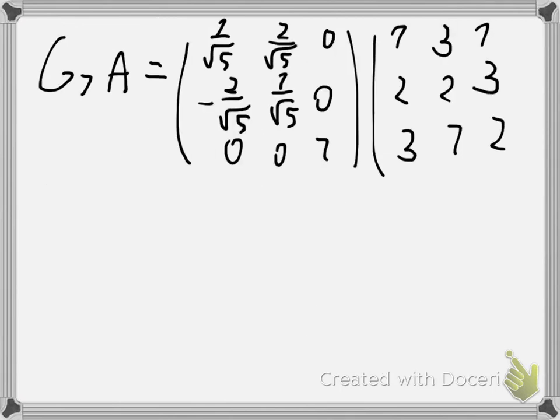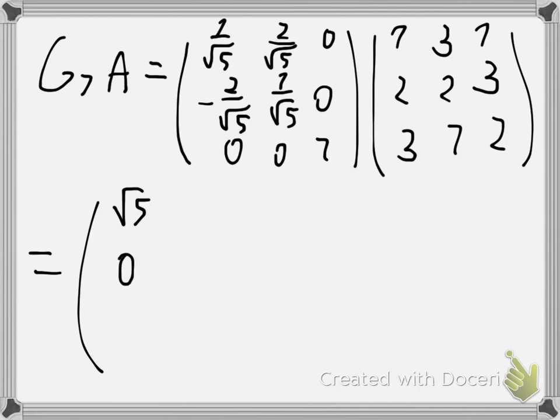Okay, so we get 5 over square root of 5, which is just square root of 5. Okay, 0 as expected, and 3.